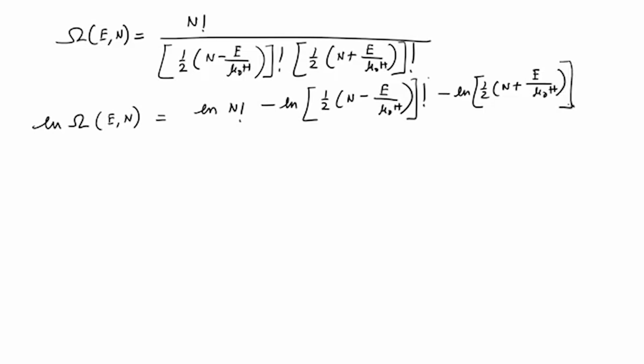I think it is clear, because again log of a by b is log of a minus log of b. This is what has been used. So, the log of the numerator minus the log of the denominator is what is used. Now, we will use Stirling's approximation.